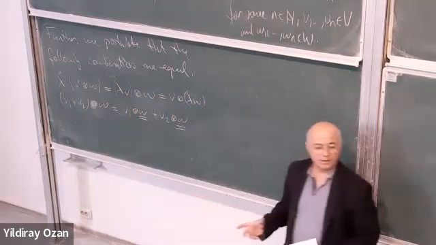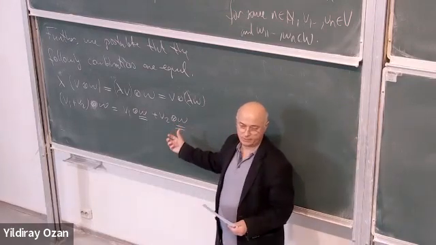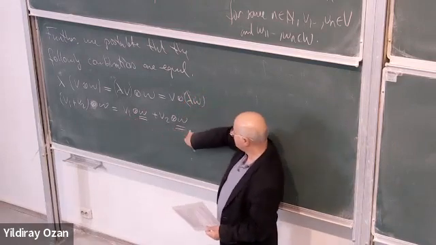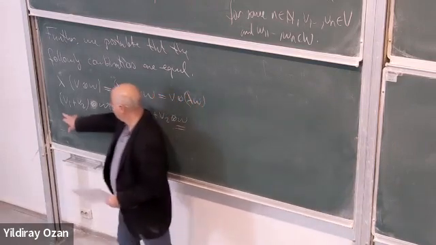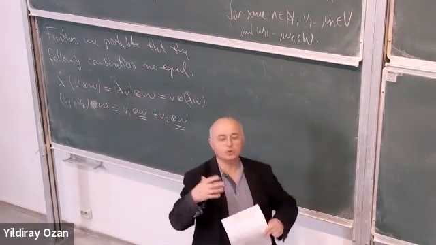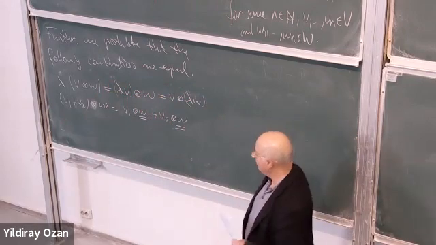As if I am taking double parentheses, right? V1 times W plus V2 times W is equal to V1 plus V2 times W. So it's like the usual product, but it is not, of course, the usual product.